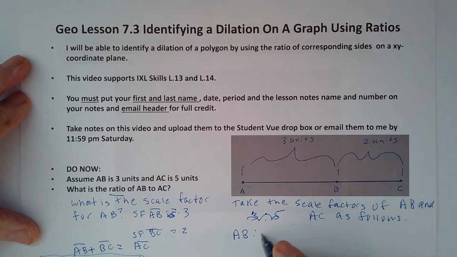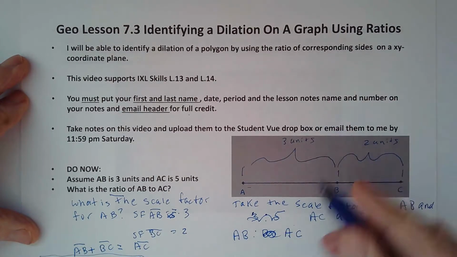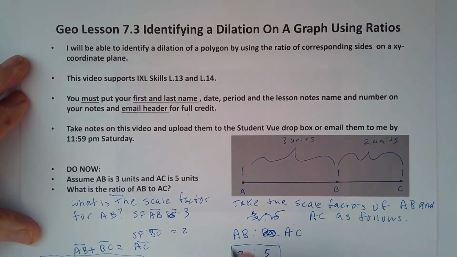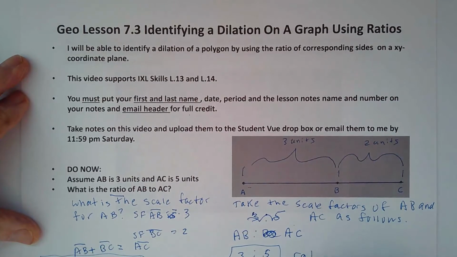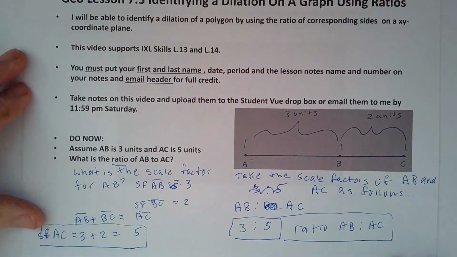AB is 3 units, and AC, which is what we're trying to get to here, is 5 units. So that is your ultimate answer. That's the ratio of AB to AC. Okay. So that answers our question. All right.